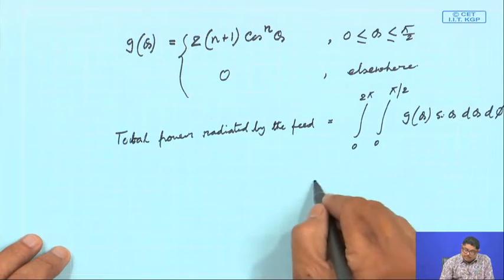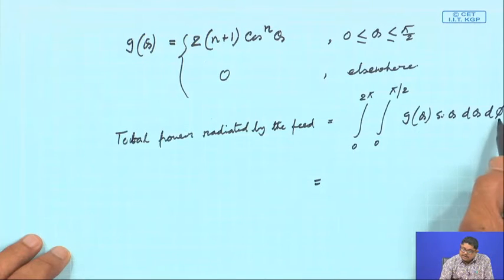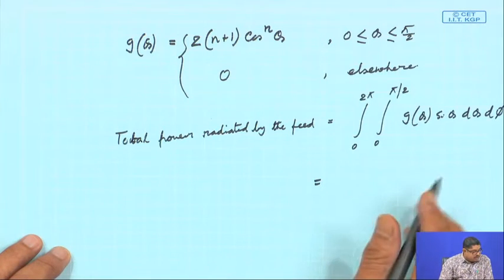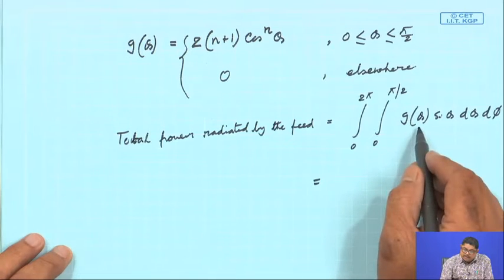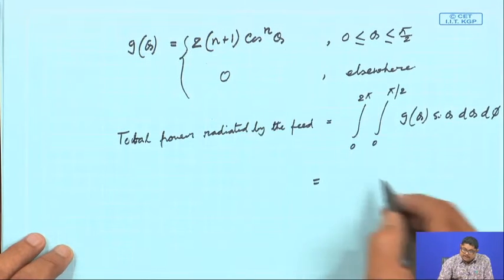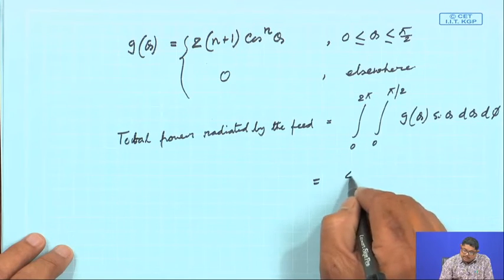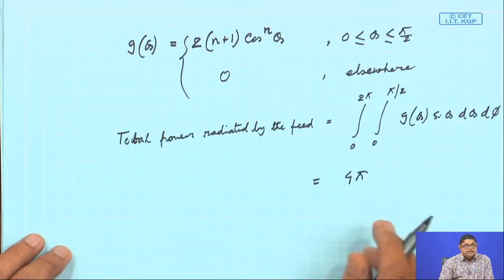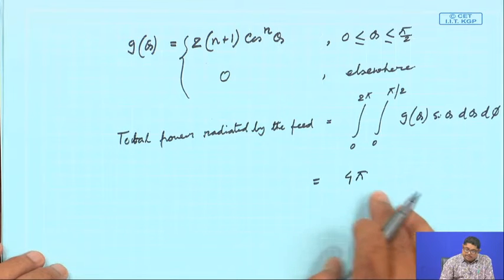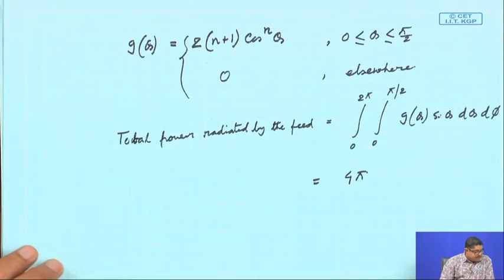Now, it is already g theta, so this phi integration will come out, and if you evaluate this, because this expression is easy to evaluate, you will find that it will turn out to be 4 pi. So, this is the reason that total radiated power for this choice becomes this.